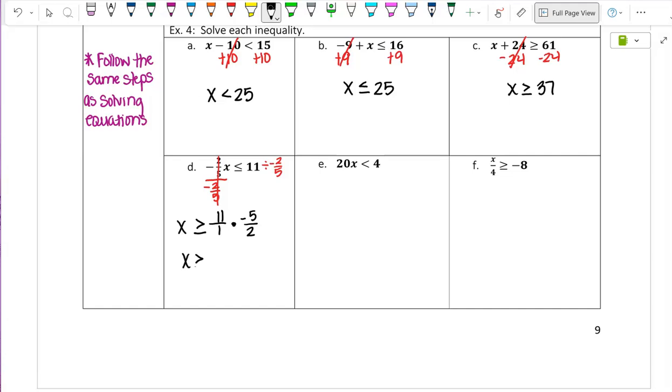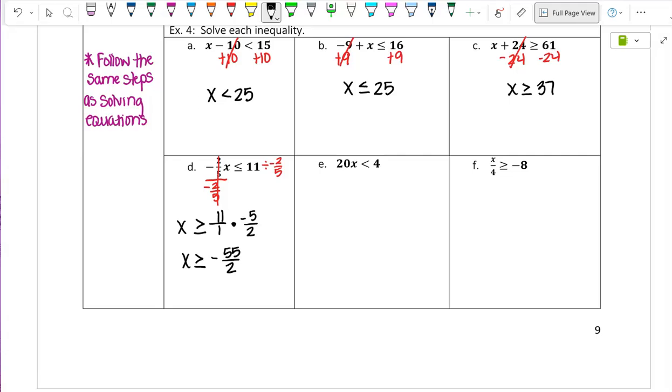So x is greater than or equal to negative 55 halves. But again, whether you say we divided by negative 2/5 or we multiplied by negative 5 halves, we multiplied or divided by a negative number, so we need to reverse that inequality symbol. It started out less than or equal to, so we need it to end up greater than or equal to.